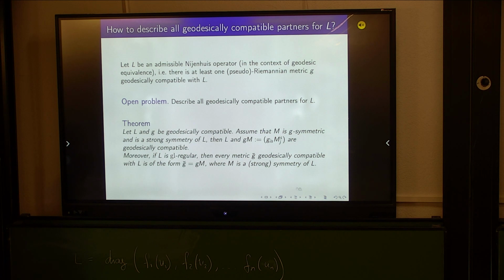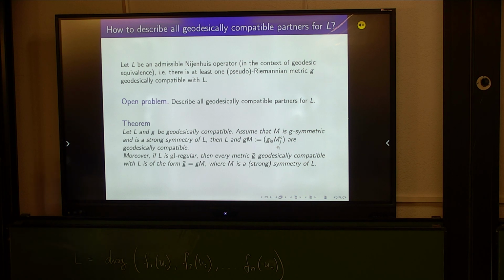Take L, a Nijenhuis operator, and G, which are geodesically compatible, and take a symmetry of L. Assume that the symmetry M is G-symmetric, and take a new metric which is obtained from G and this operator M. So this is just a new metric.